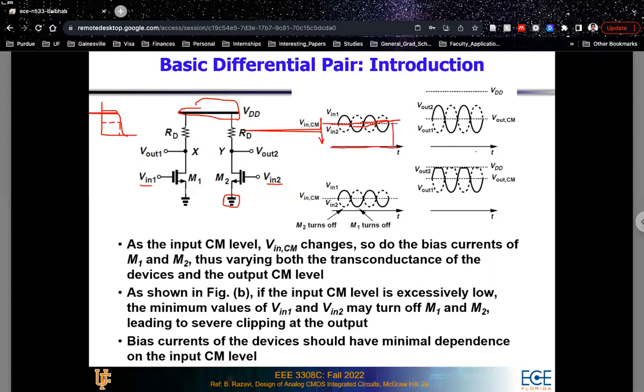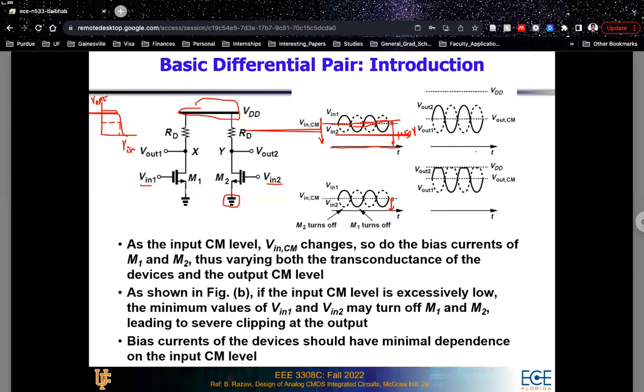And in this case, if your VDD is 3 volts, you probably had, let's say, 1.5 volts as a difference between your ground line and the DC common mode line. Now let's say you have reduced that 1.5 volts to only 500 millivolts. In that case, what will happen is that in your Vin versus Vout characteristic, that is your VTC, now you are far on the left-hand side because your Vout is smaller or your Vin is smaller in this case.